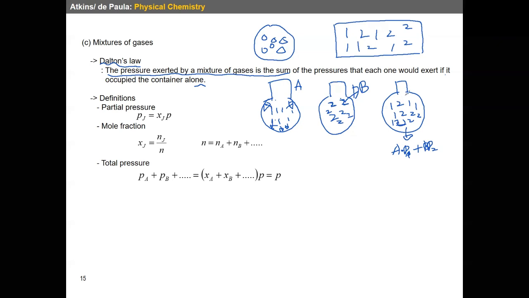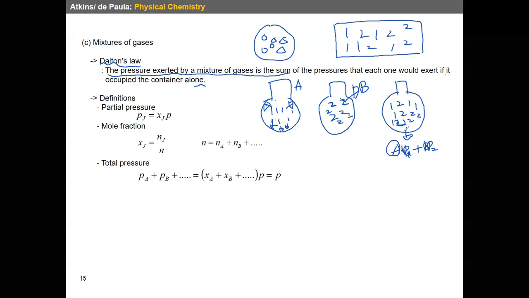There is a fraction of gas one, and the pressure made by gas one in the container can be obtained by multiplying the pressure P1 by this fraction.